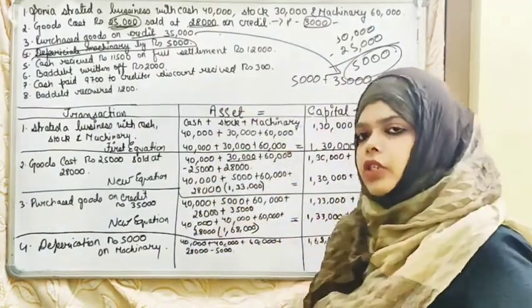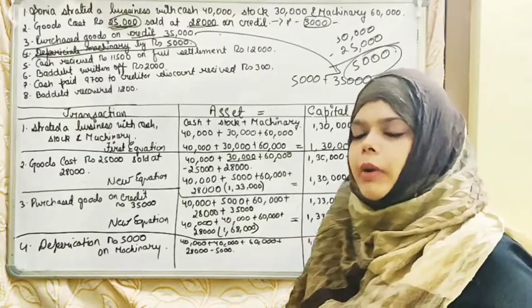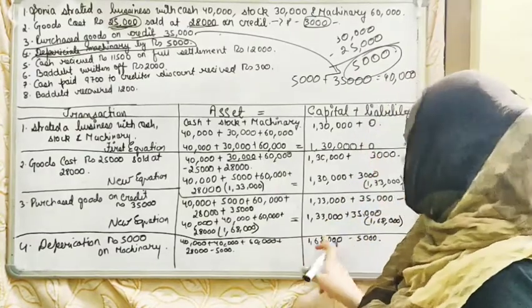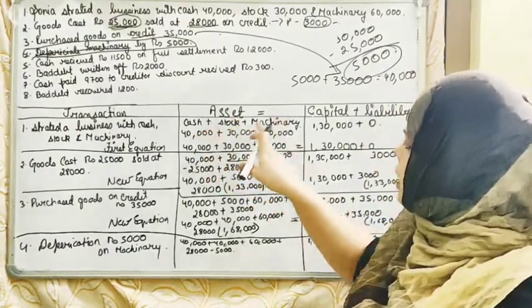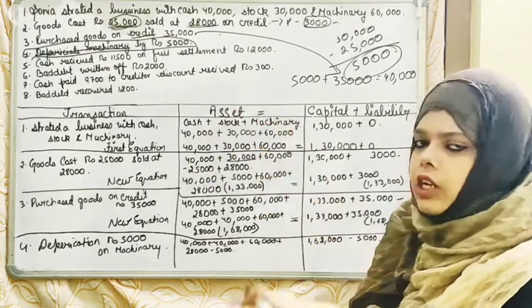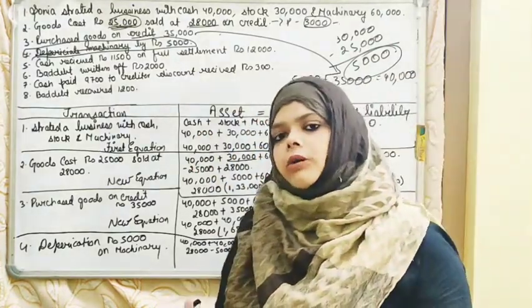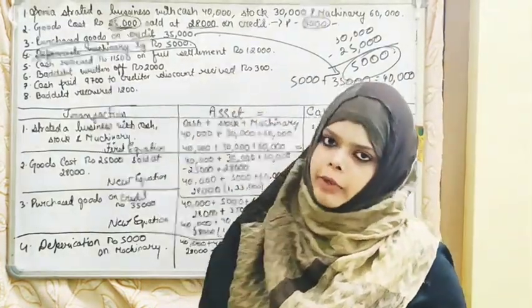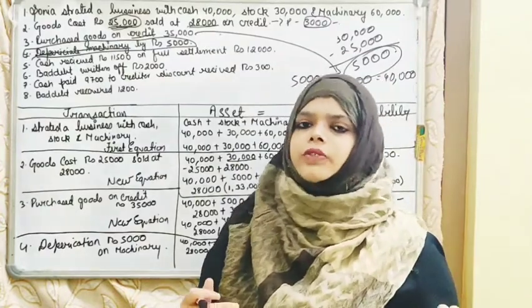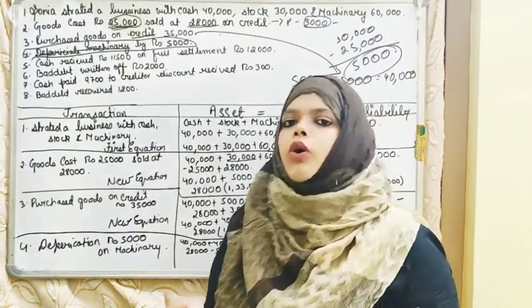Okay. The machinery amount has to be subtracted from the capital also, because capital is made of these three elements, right? Cash, stock plus machinery. So if there is a deduction in the price of machinery, it will affect the capital also. So we deduct rupees 5,000 from the capital amount also.